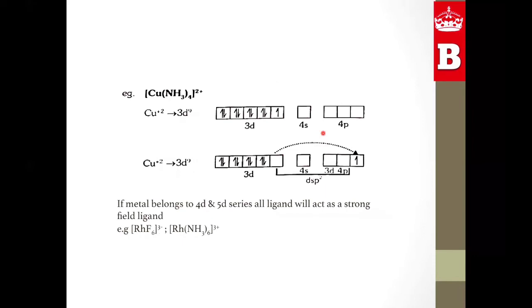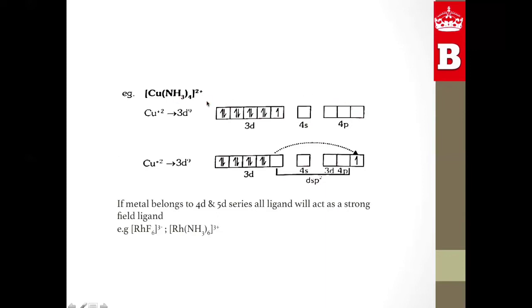Similarly, if we consider another example where NH3 is present, due to the strong nature of its ligand, it cannot be an outer sphere complex. It should be an inner sphere complex. So the unpaired electron will be jumped to the 4p.